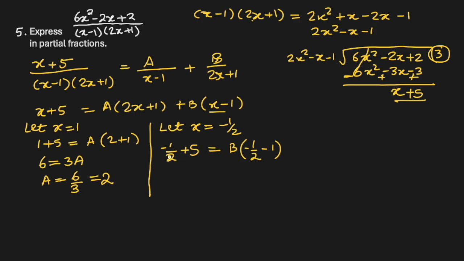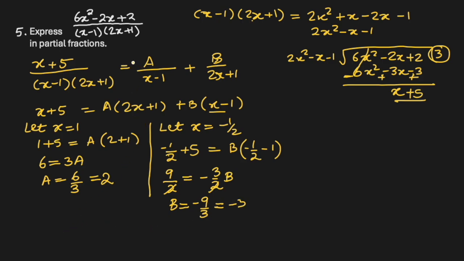Okay, so 5 minus half will be 4.5, which is 9 over 2 positive, equal to minus 3 over 2 b. So both have the same denominator, we can cancel out, so b becomes minus 9 over 3, which is minus 3.